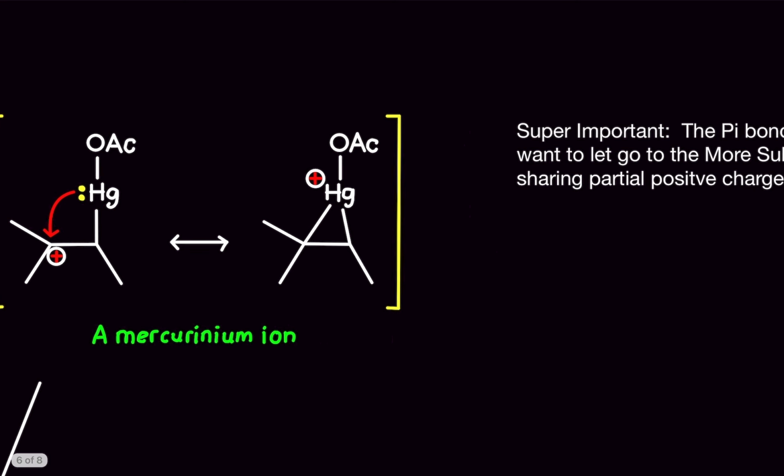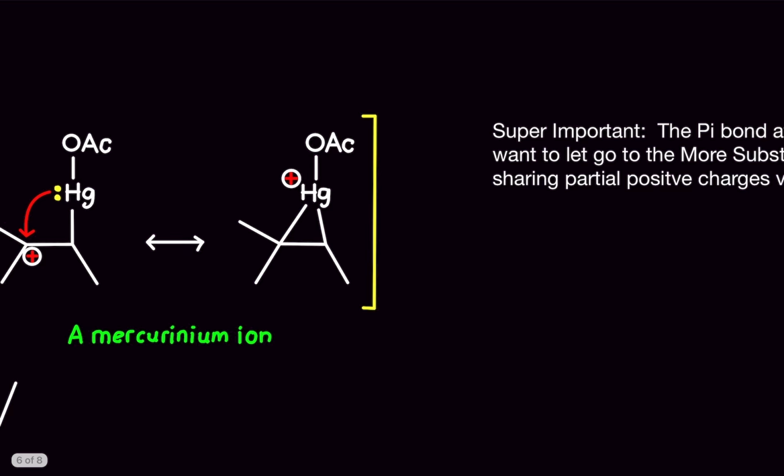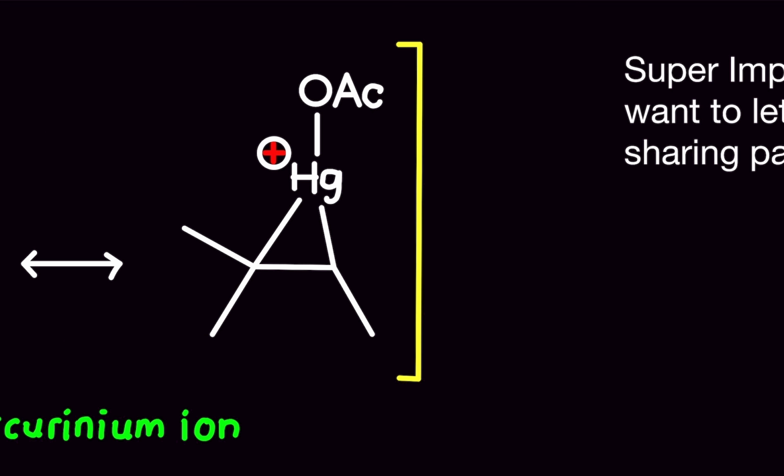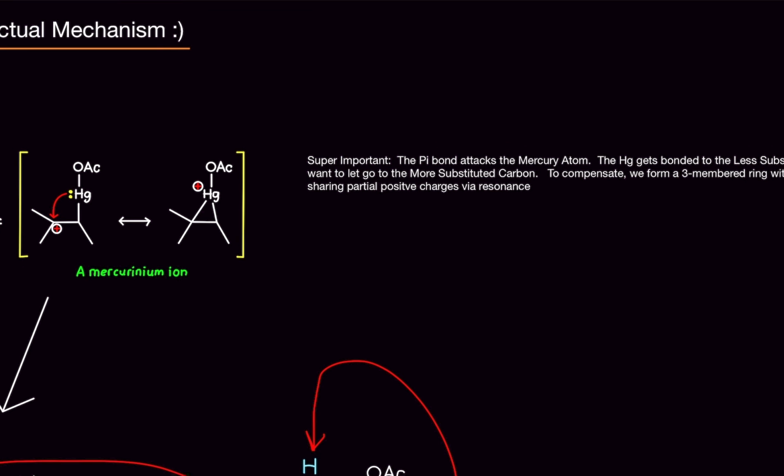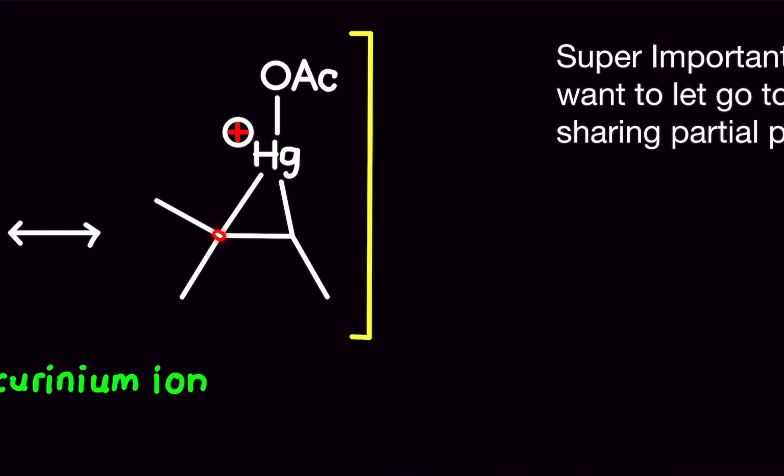So, once again, the mercury atom is attaching to the more substituted carbon and the less substituted carbon of where the alkene was, where the pi bond was. Okay. Now, to compensate for this positive charge, now we form this ring. There is a partial positive charge between the more substituted carbon and the mercury atom.